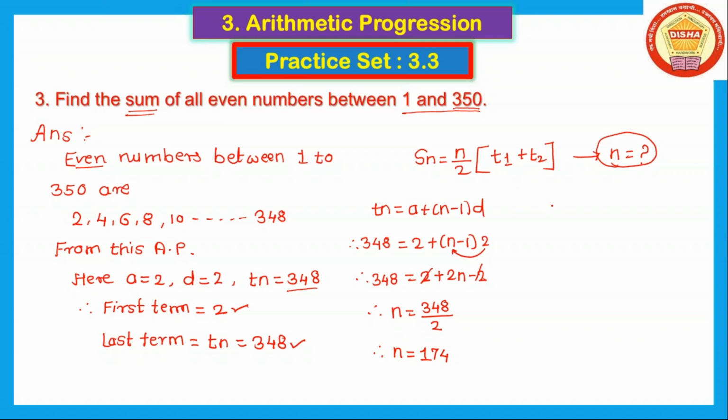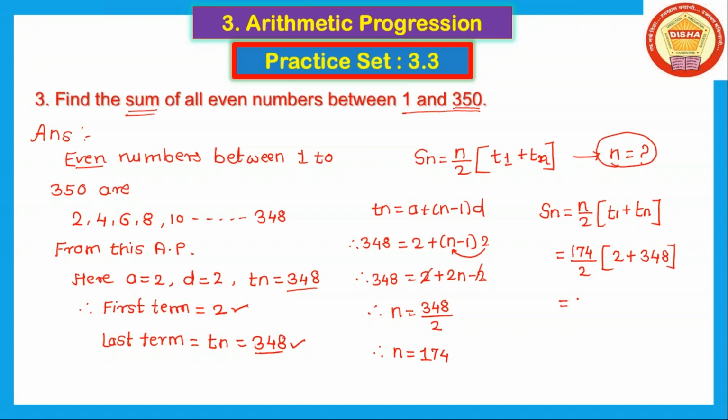Then we use the formula to find Sn. So again we write Sn is equal to n upon 2 in brackets first term plus last term, that is Tn. We put the value n, which is known here, 174 upon 2 in brackets first term is 2 plus last term Tn, which is equal to 348.